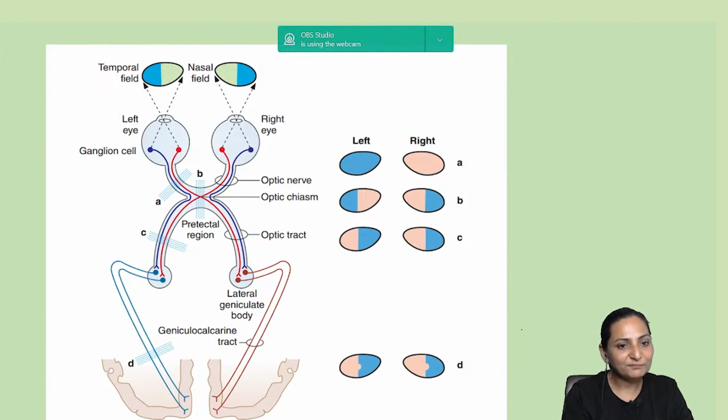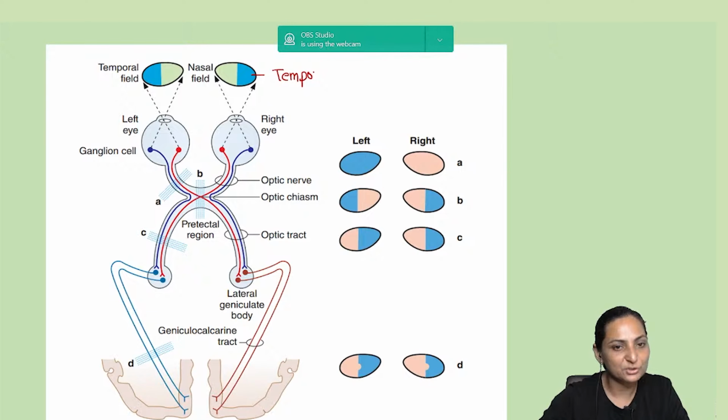Now let's move forward to the topic of today, that is the lesions of the visual fields, or the visual field defects. When you consider visual field defects, there are certain important things which you should know. You must always know that the nasal fibers are going to form the temporal vision, right?